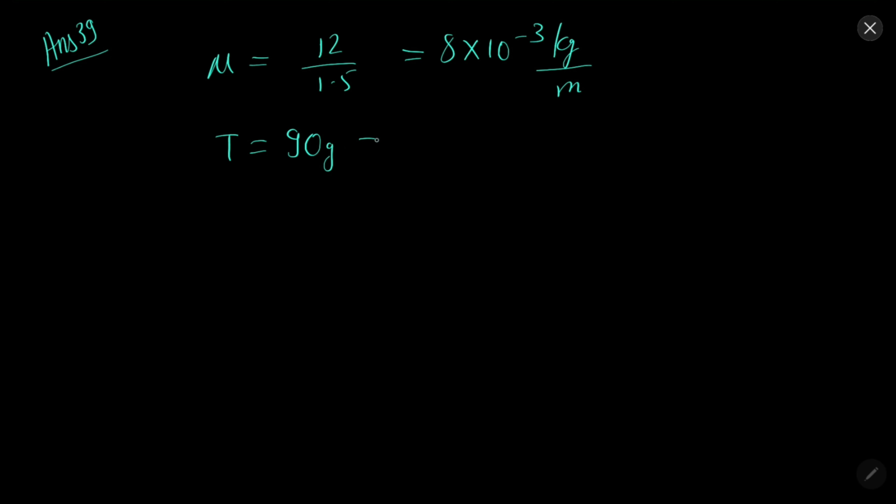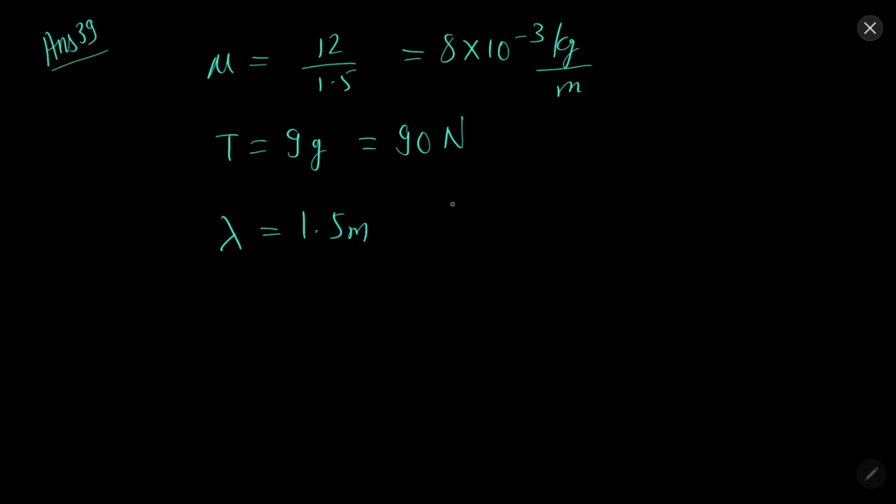Solution 39. So we know that mass per unit length is 12 over 1.5, that is 8 into 10 to the power minus 3 kilogram per meter. Tension is 9 into g, that is 90 Newton approximately.